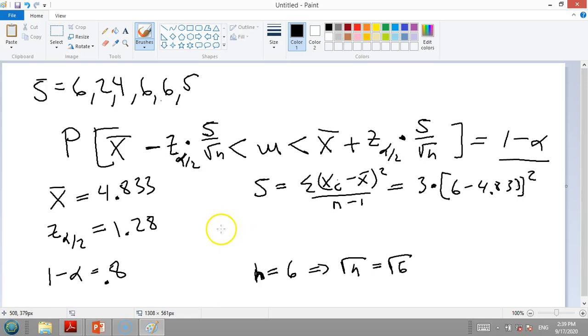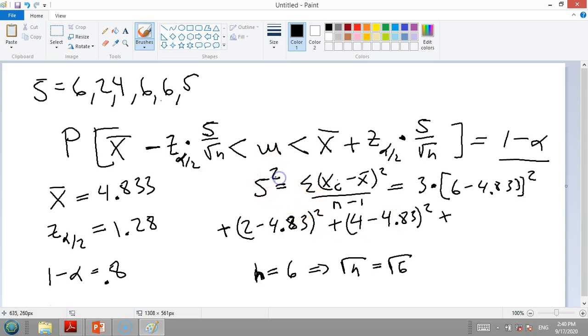Then plus 2 minus 4.83, just say 4.8 for simplicity, squared, plus 4 minus 4.83, squared, plus 5 minus 4.833, squared.